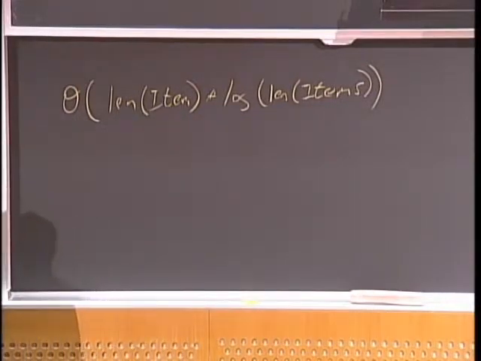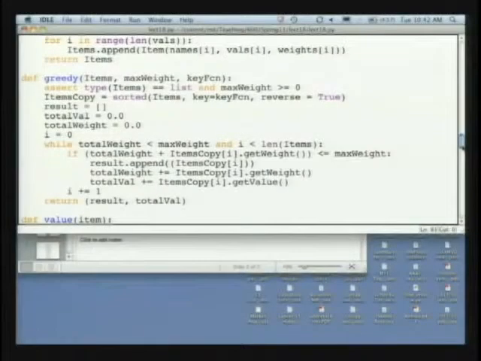So maybe that's going to tell us the complexity, but maybe not. The next thing we have to do is look at the while loop and see how many times we are going through the while loop. What's the worst case? Somebody? I know I didn't bring any candy today, but you could answer the question anyway.